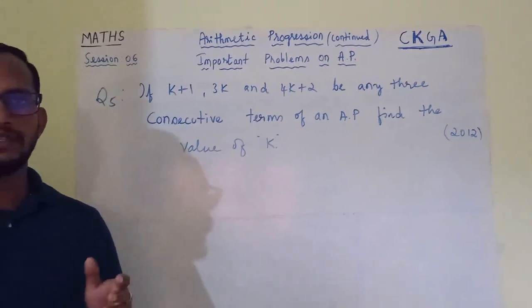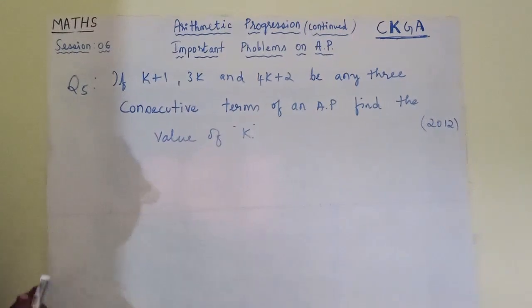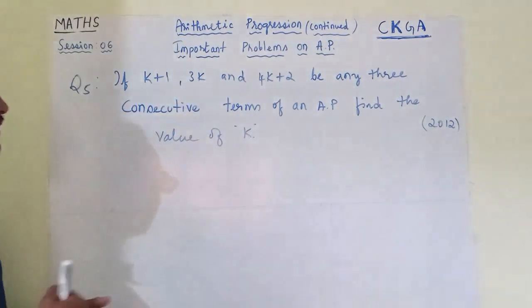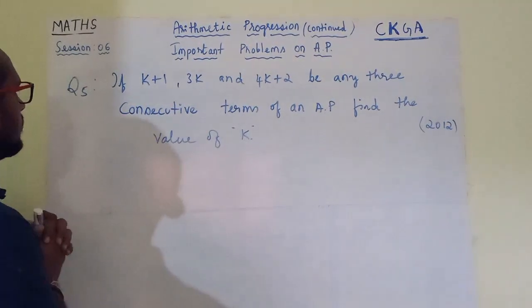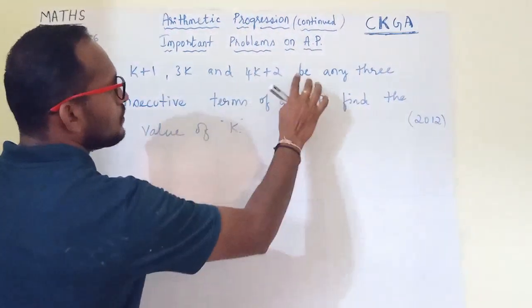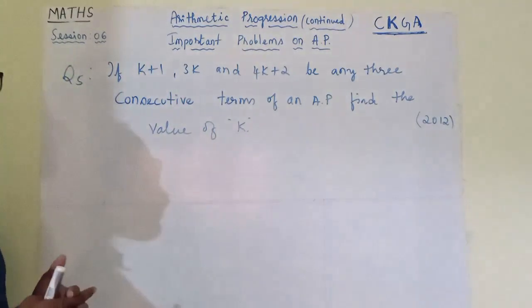Now question 5 of the session, and also a very important one. This question was asked in the 2012 annual examination. The question goes like this: if k plus 1, 3k and 4k plus 2 are any three consecutive terms of an AP, find the value of k.